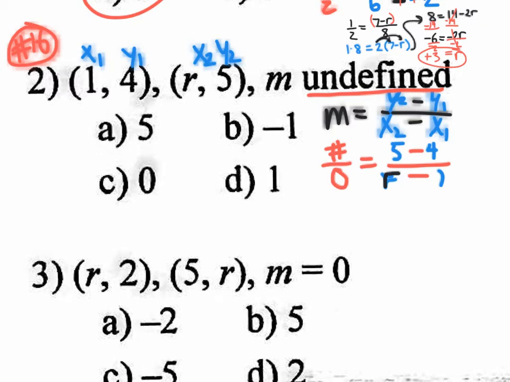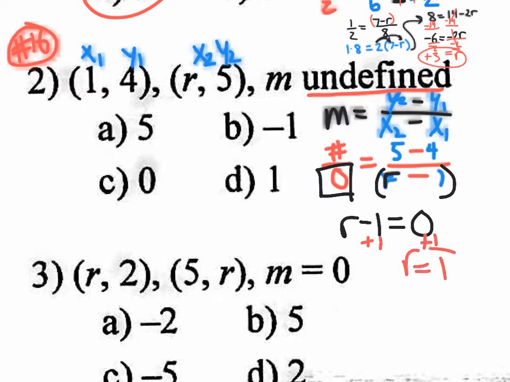So the bottom line is the denominator r minus 1, we know that it has to equal 0, because that's what an undefined slope has as a denominator. So what we need to do is just ignore everything else and recognize that r minus 1 has to equal 0. And if you were to solve that, plus 1, you're going to get r equals 1.